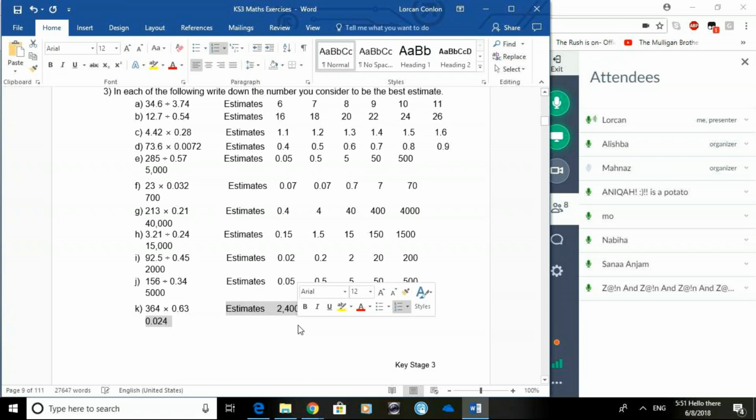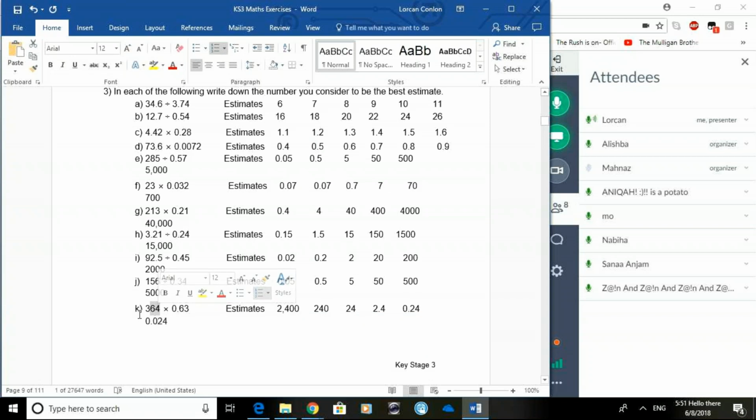All right, Mo. What is 364 to one significant figure? Okay, so we're back, Mo, when we're trying to one significant figure, we're saying, okay, we cut it off there. So does the 6 round up or round down?